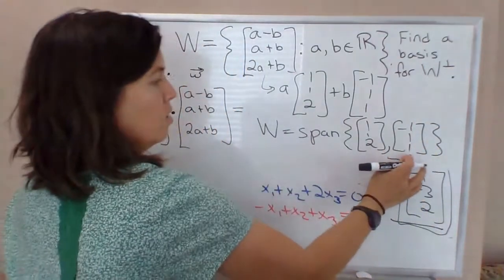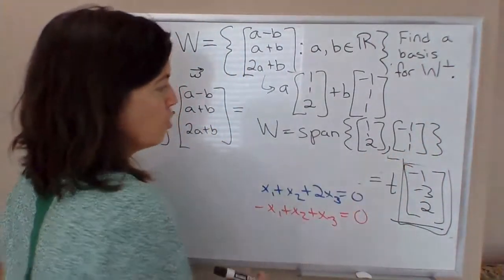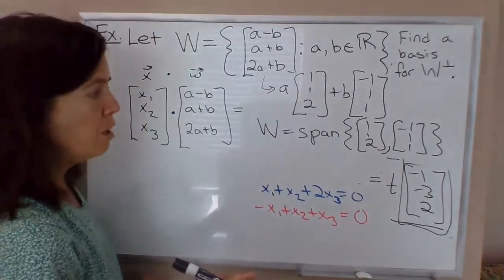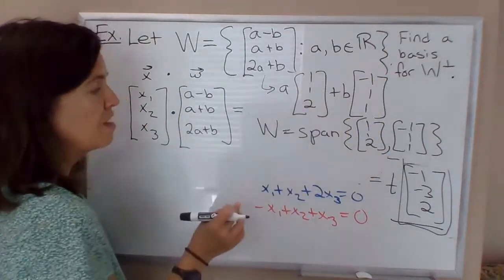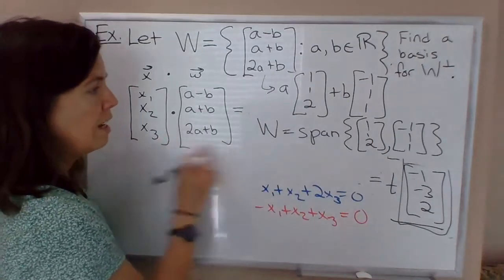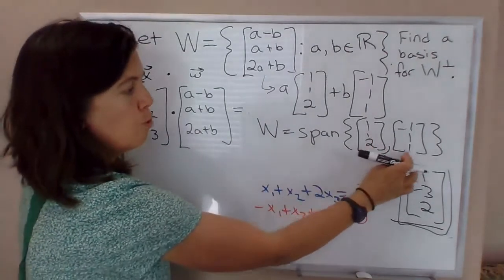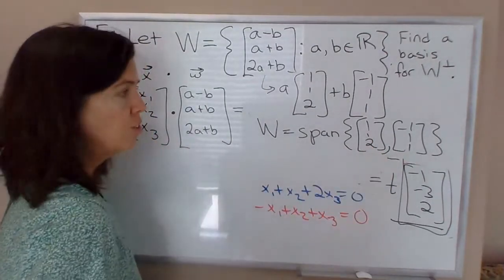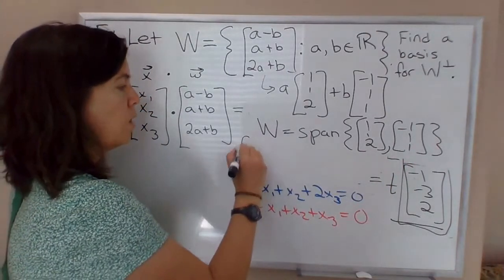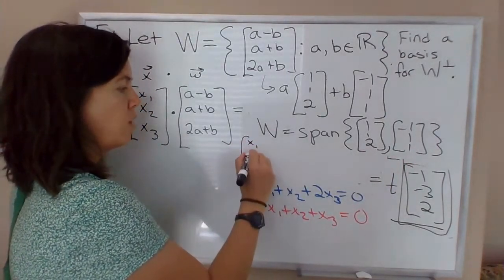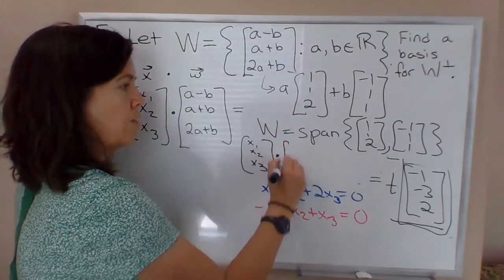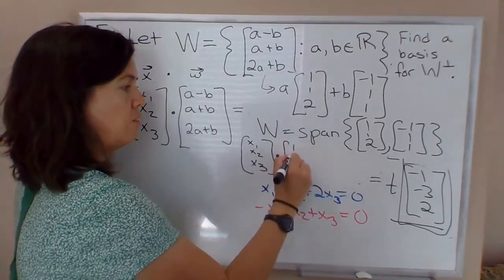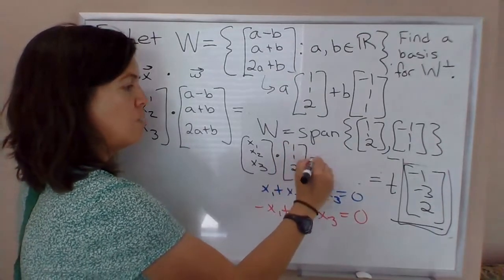Right? So if we've got spanning vectors for the space, then another way to find a basis, or to find a vector that's in the orthogonal complement, is to find a vector x that's orthogonal to both of these spanning vectors. So we would say, I want the vector x, so x1, x2, x3, dot product with that first spanning vector, 1, 1, 2, to equal 0.